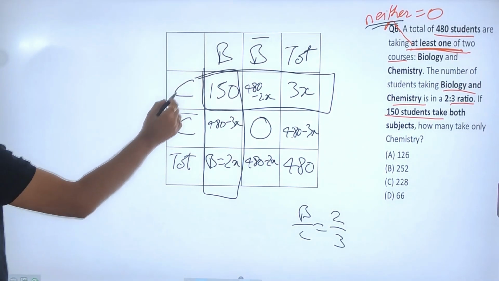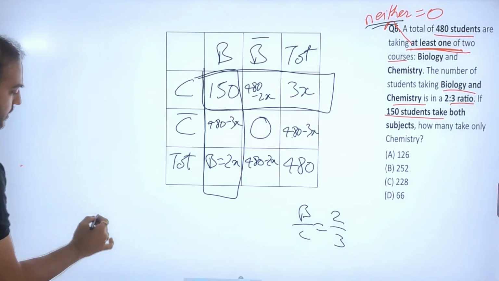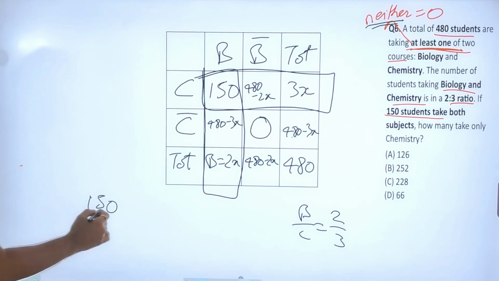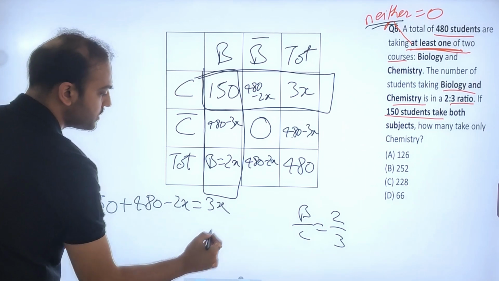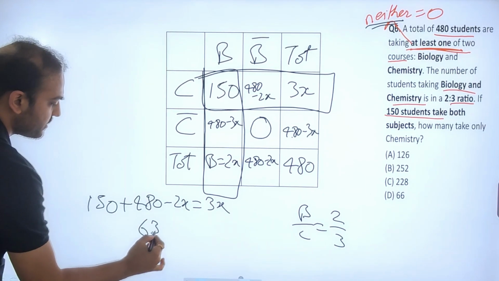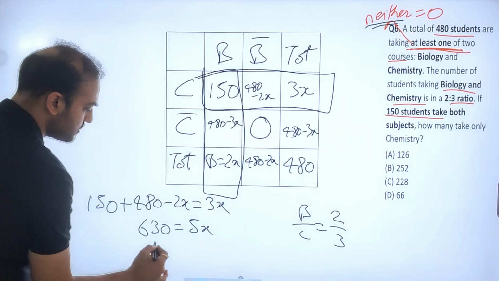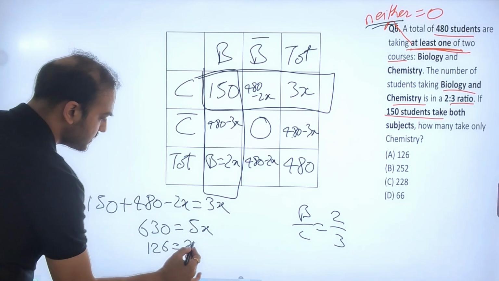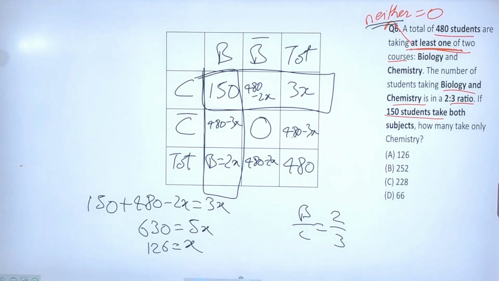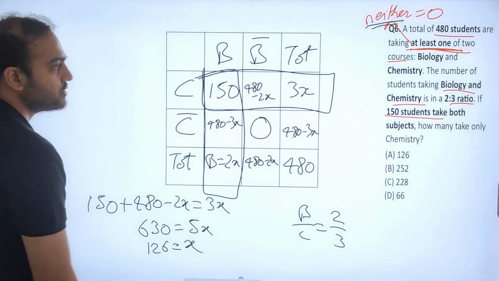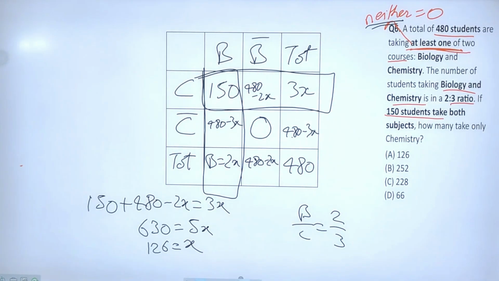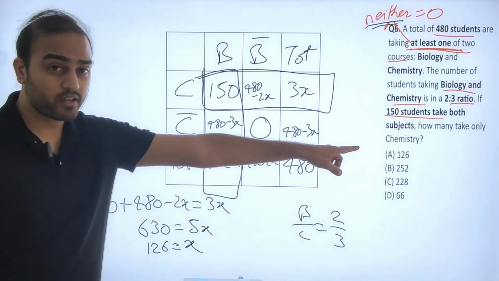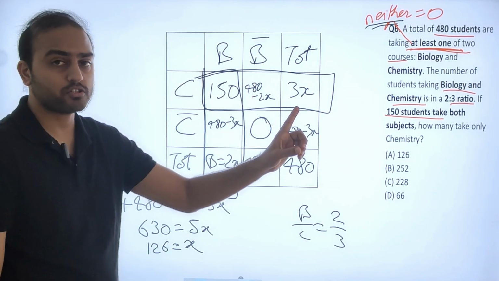So I am taking the equation for chemistry. 150 plus 480 minus 2x is equal to 3x. 630 is 5x. We solve that, we get x as 126. But the question does not stop here. 126 is an option, but the question does not stop here.